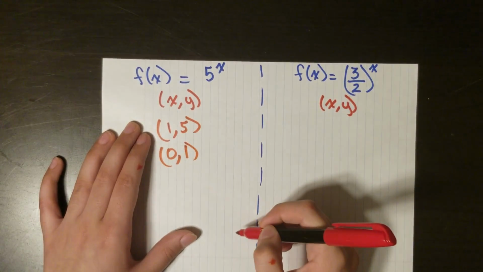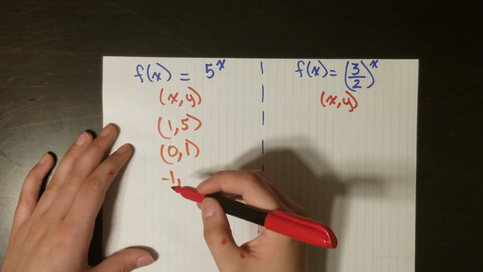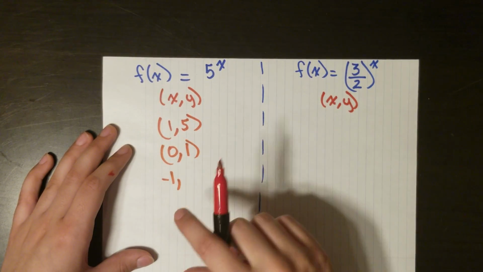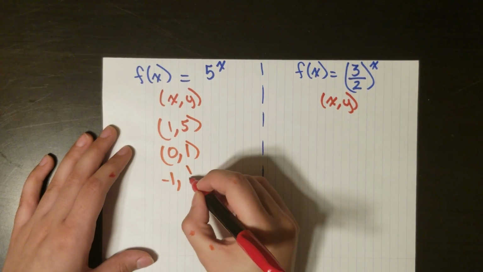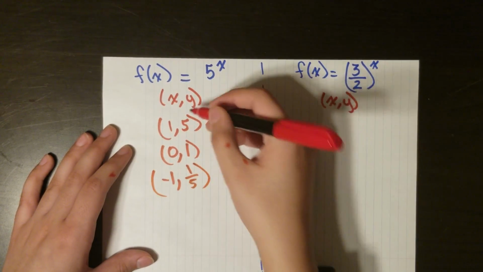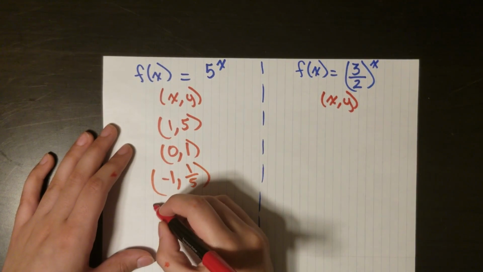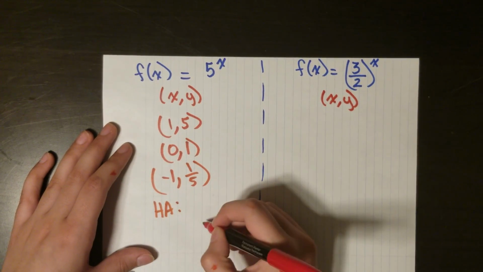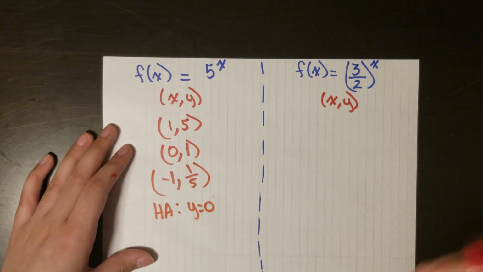When my x is -1, anything to the exponent of -1 is just the reciprocal of the base, so if my base is 5, the reciprocal is 1/5. Now you've got 3 points to plot your graph, and you also know that you have a horizontal asymptote at y = 0, which is right on the x-axis.